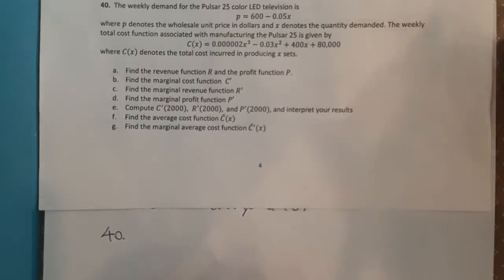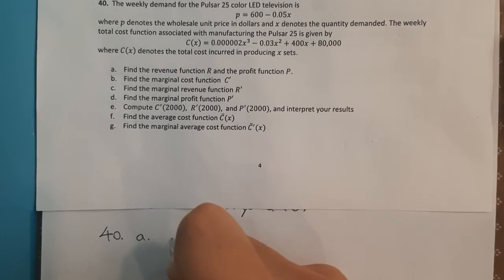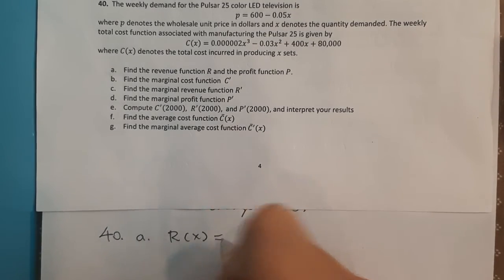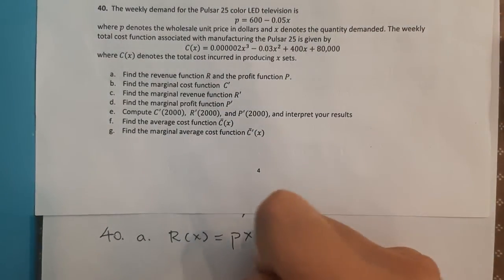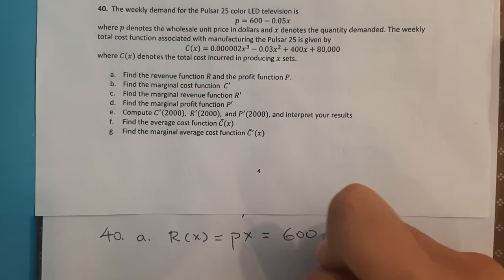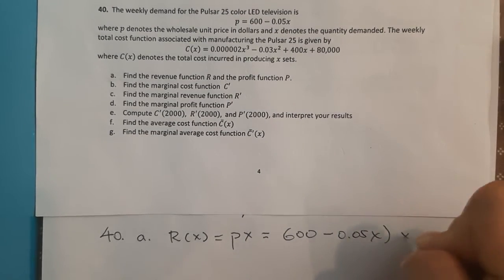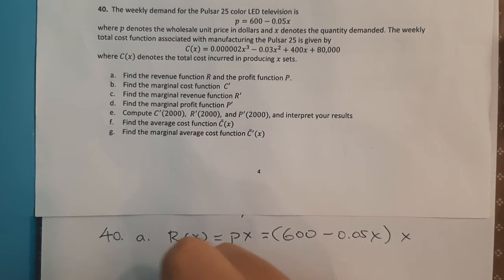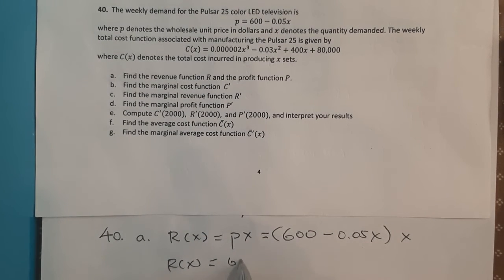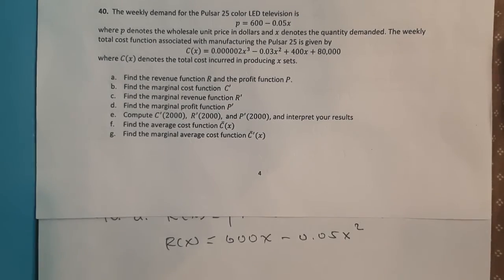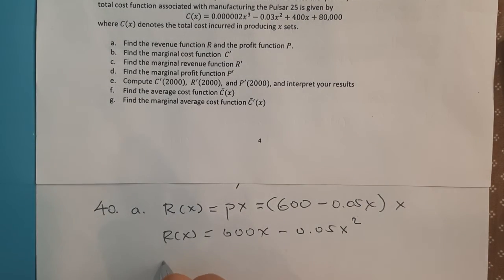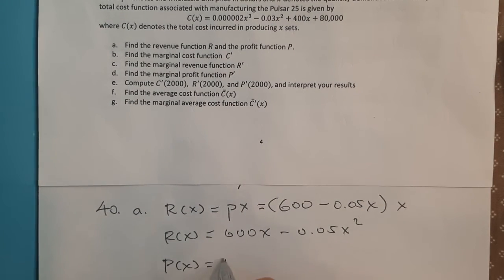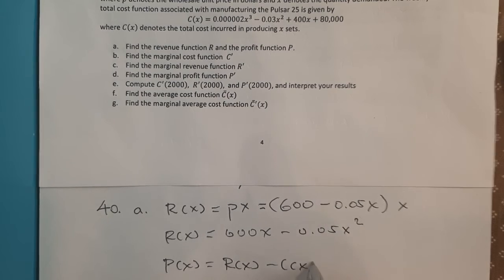Okay, so for part A, the revenue function R of x is going to be the price times x. So p times x equals 600 minus 0.05x times x. So R of x is going to be 600x minus 0.05x squared. Profit function P, so P of x is going to be R of x minus C of x.